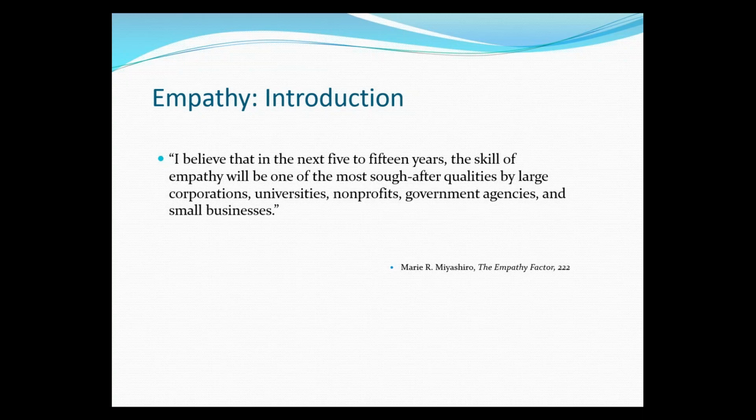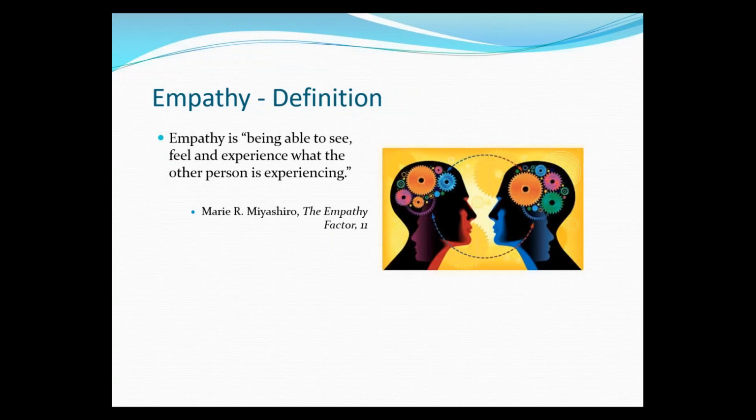This is really because we're beginning slowly but surely to recognize that relationships in the workplace are critical. That's not just about the task that we're all here to do, but that if we pay attention to the quality of our relationships, things go much more smoothly. She says empathy is being able to see, feel, and experience what the other person is experiencing.